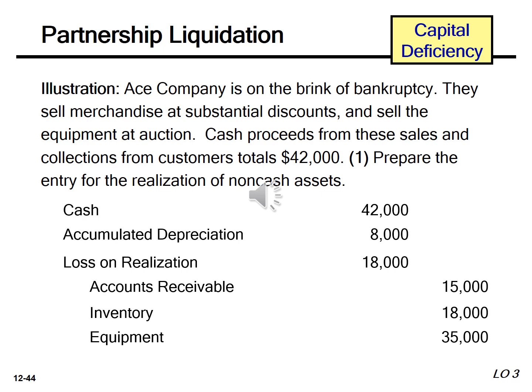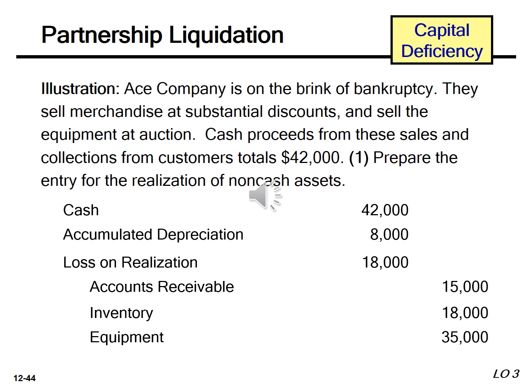So here simply we're going to debit cash, how much we received in cash, which is $42,000. Accumulated depreciation, $8,000. And this time we're going to debit loss on realization, which is going to be the difference between the balances on the debit side and what we have on the credit side. So what do we have on the credit side?